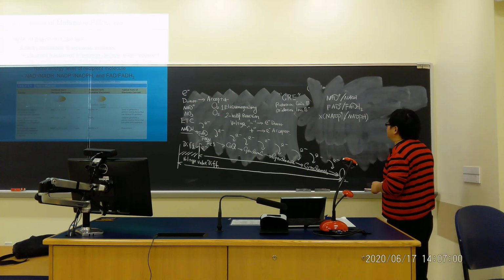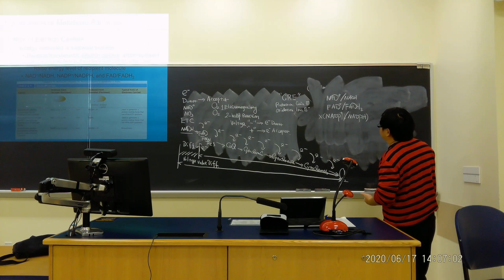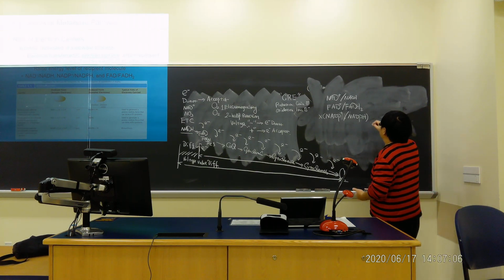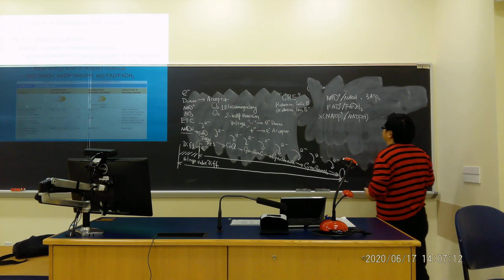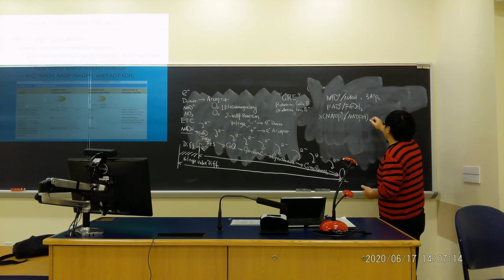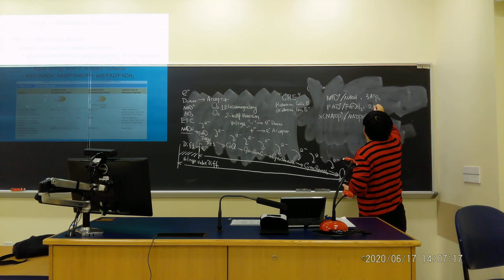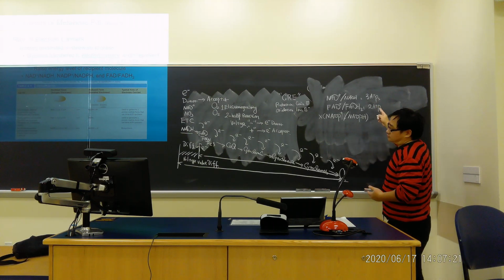Now, how many ATPs are generated from the reduction of NAD+ to NADH? We usually say it generates 3 ATPs. How many from FAD to FADH2? We say it's 2 ATPs. Now, this is the old rule.